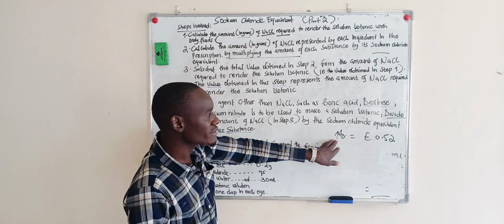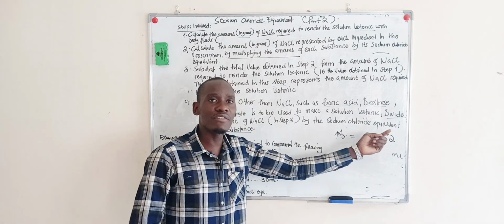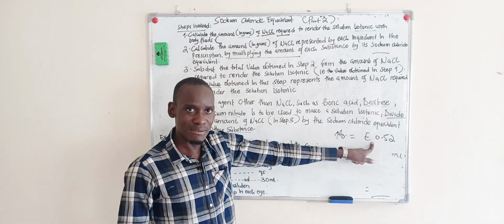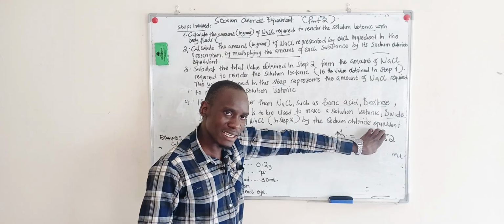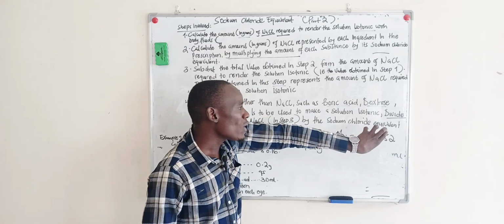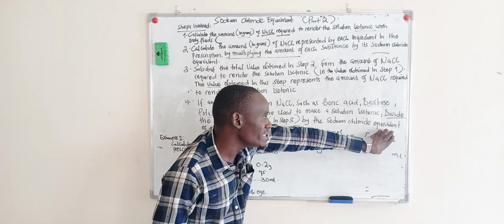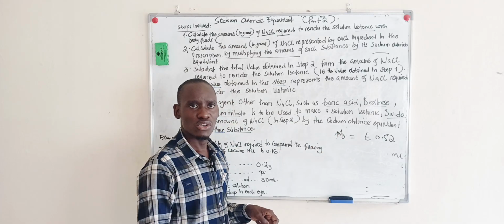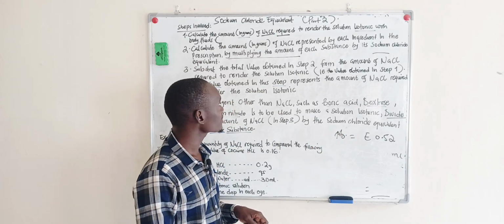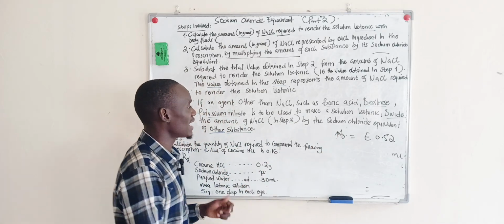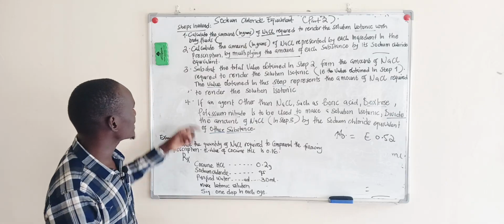So that means we have a sodium chloride equivalent of boric acid, but we need to obtain what amount of sodium chloride is equivalent to boric acid. We shall look at that as we look at our first example.